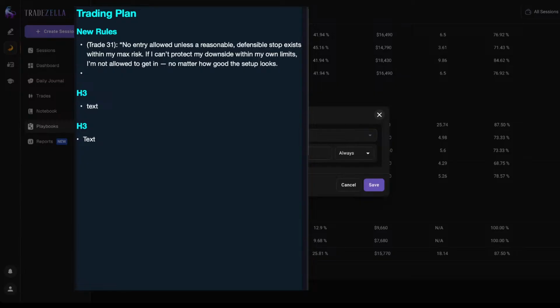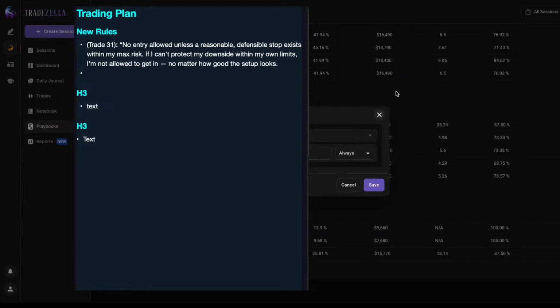Must have defensible stop within my. If the trade can't wear armor, it doesn't go into battle. Come on, ChatGPT. I don't need something poetic. I just need no stop, no shot. Stop loss, no valid stop, no green light.